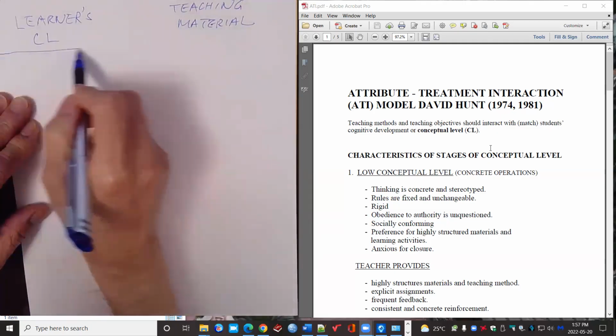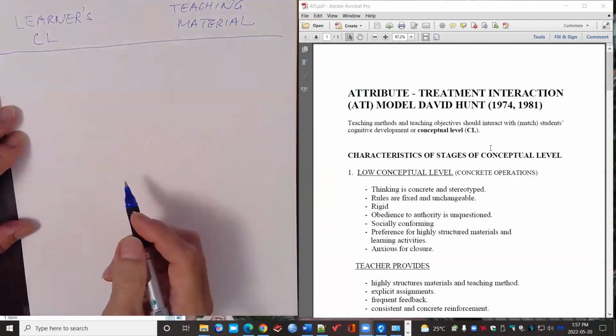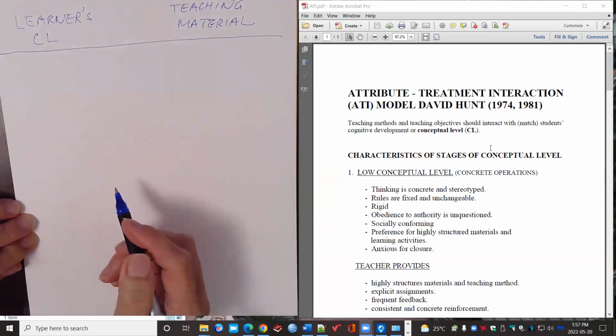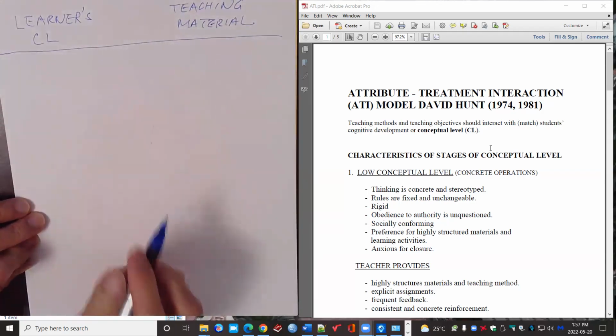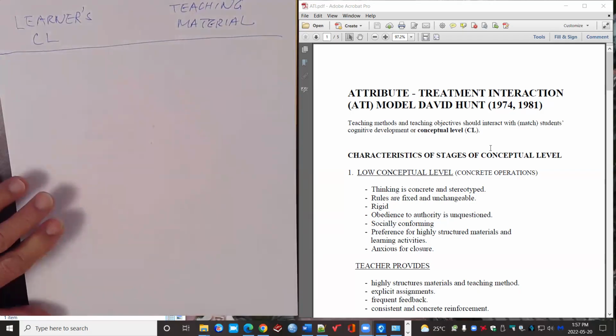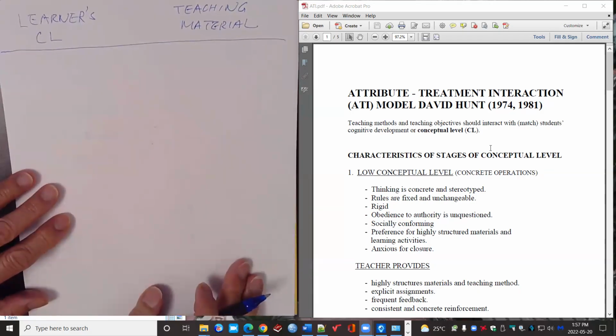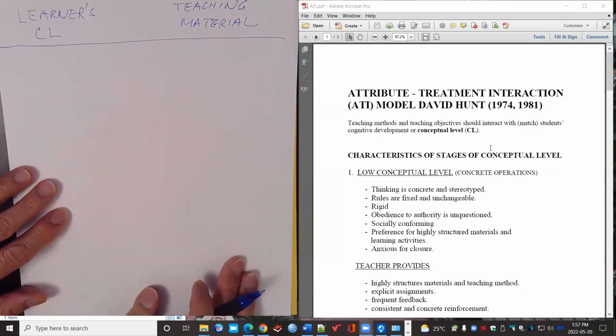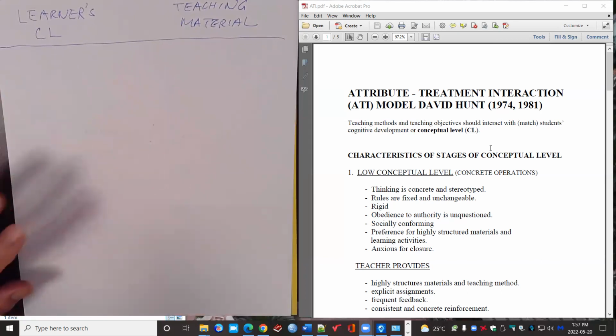So start where the learner is. A lot of times we know the approximate level of the students in a class.